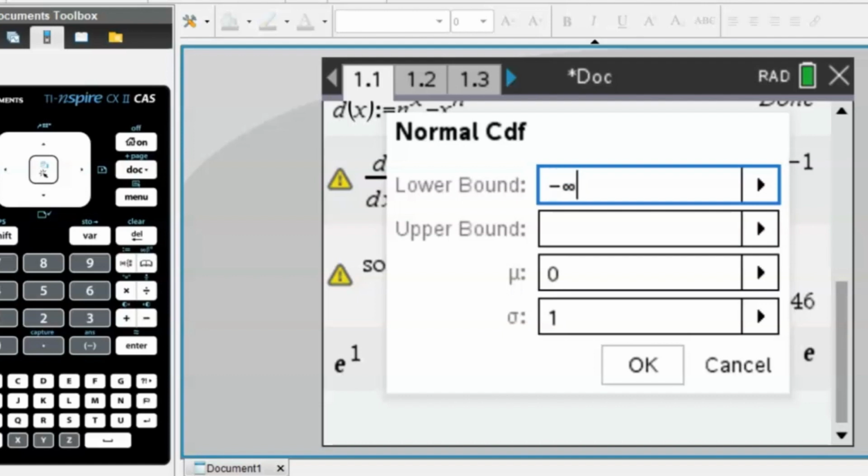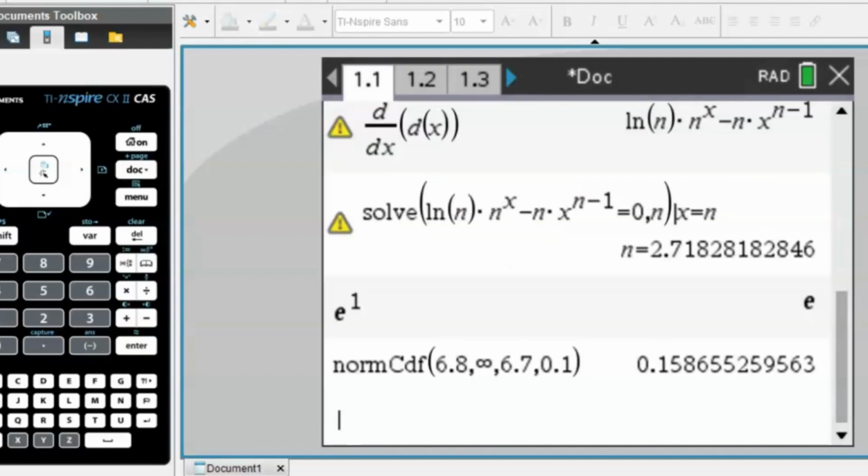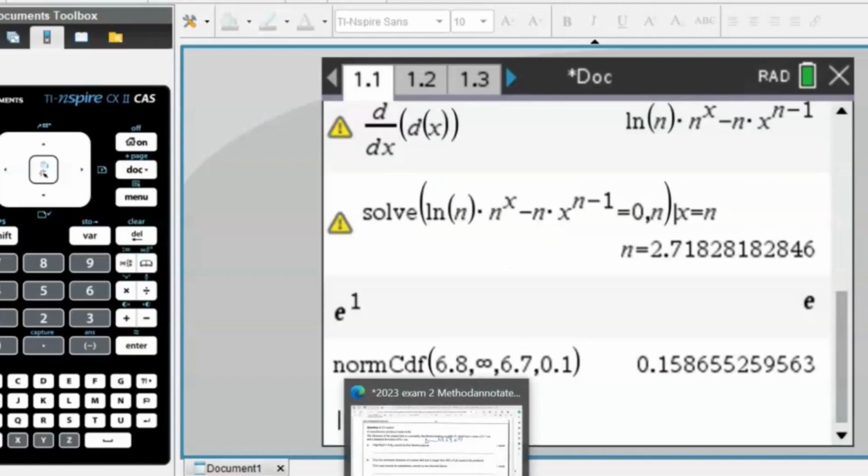So that's going to be, alright, if I actually get this, what do I get? Greater than 6.8, mean 6.7, standard deviation 0.1, and that's going to be 0.1587.